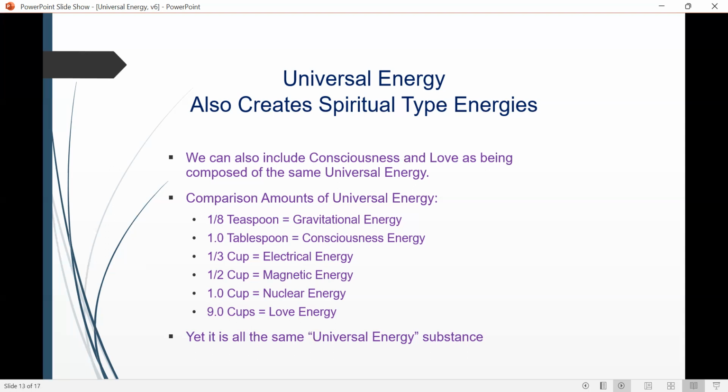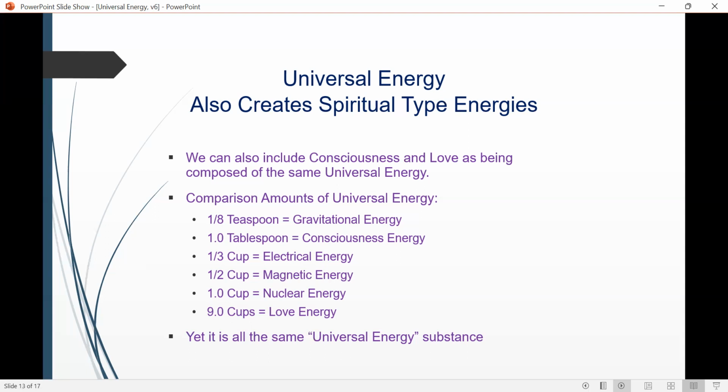Whereas you take a smarter being like a human or a dolphin, and you'll find that they have much more significant gatherings of consciousness energy fish. And that's what makes a higher consciousness being.